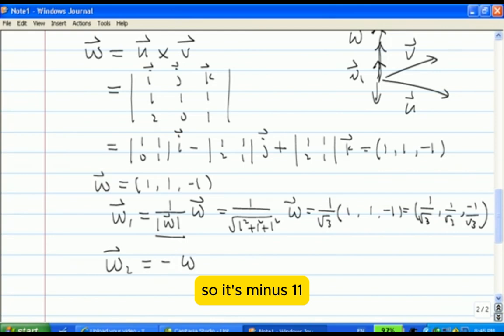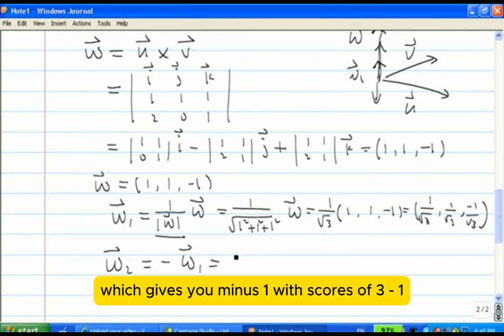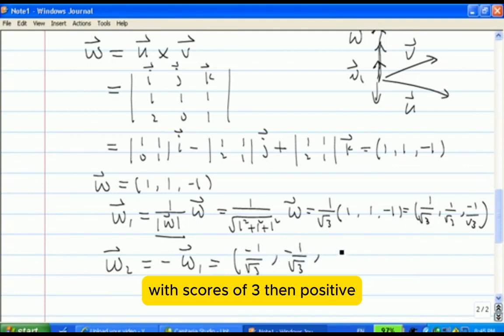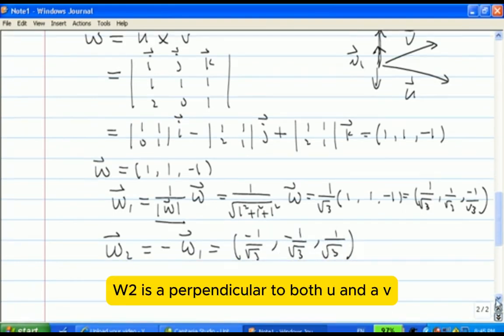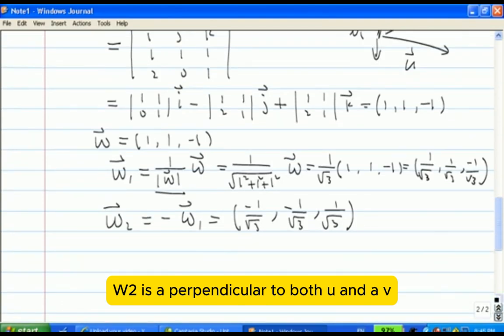So it's minus W1, which gives you minus 1 over the square root of 3, minus 1 over the square root of 3, then positive. You can check W2 is perpendicular to both U and V at the same time, and its magnitude is 1.